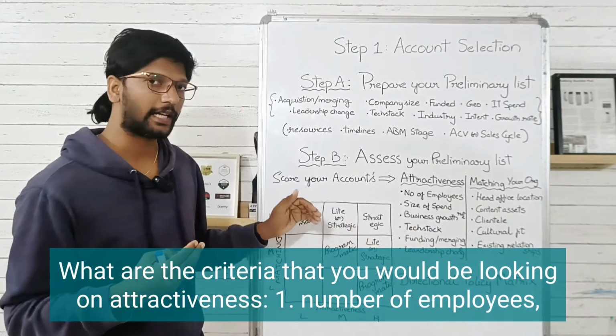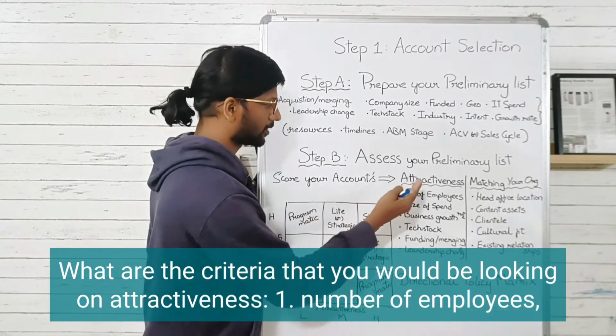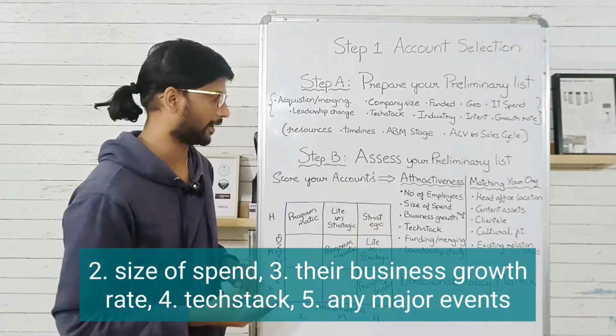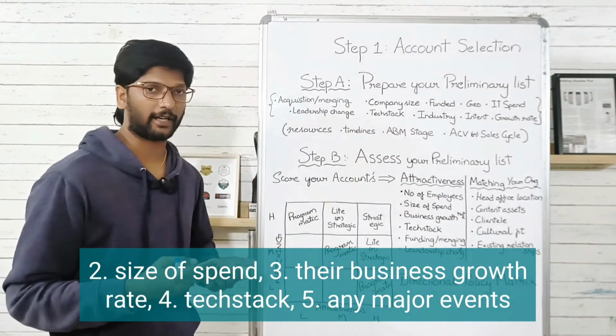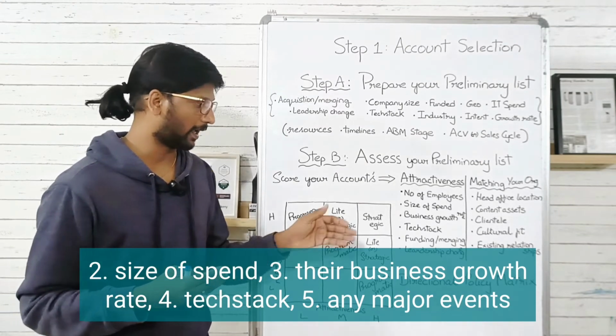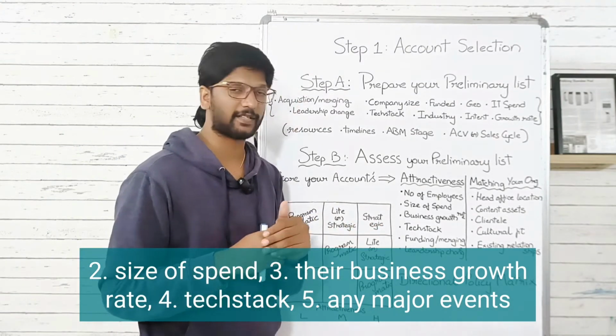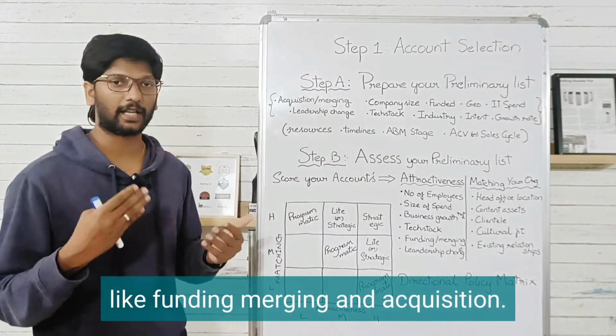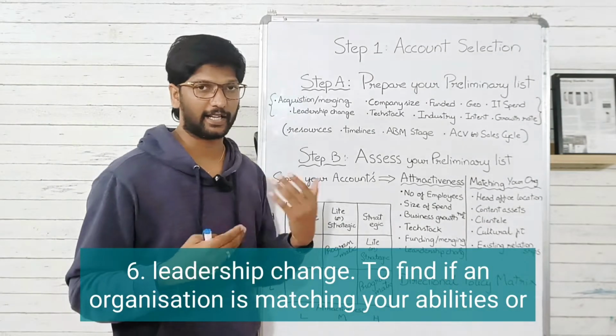What are the criteria that you would be looking at in attractiveness? Number of employees, size of spend, their business growth rate, tech stack, or even any major events like funding, merger, acquisition, or any leadership change.